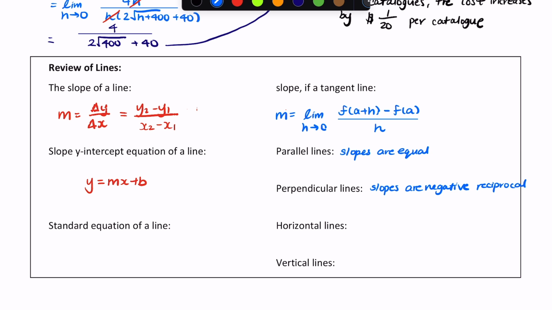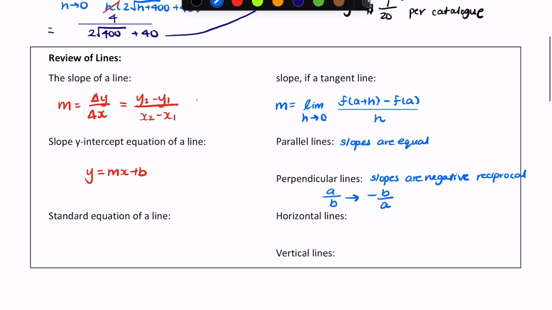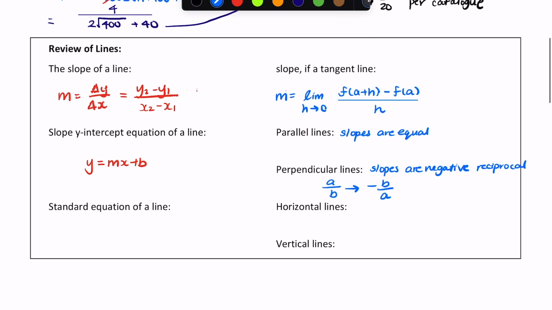And what that means is, for example, you have a minus b. The negative reciprocal of that is negative b over a. For horizontal lines, we understand that the slope is equal to zero and y is equal to b.